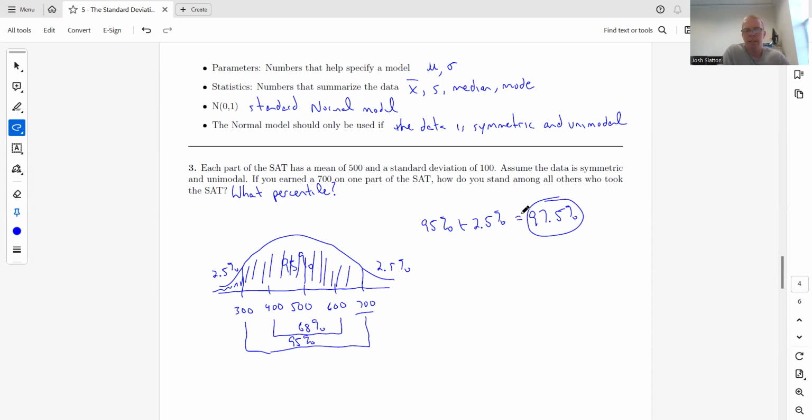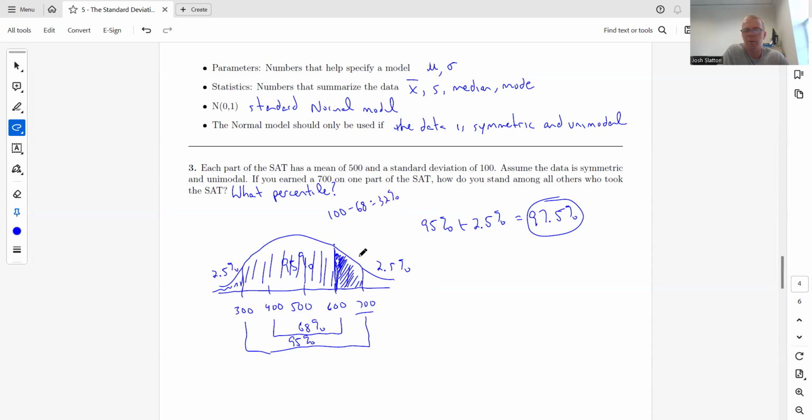Now you could also ask, what percent score between 600 and 700? Well, we know that 2.5% is over here. What percent would score above 600? We have 68% between 400 and 600. So that would leave 100 minus 68, which leaves 32% in the tails.